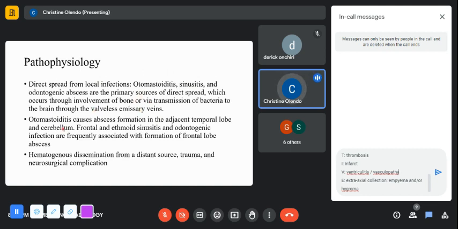In a patient with otomastoiditis, the abscess will most likely be in the adjacent temporal lobe or the cerebellum. In a patient with frontal or ethmoidal sinusitis and odontogenic infection, the abscess will most likely be in the frontal lobe. And we already mentioned the hematogenous spread.